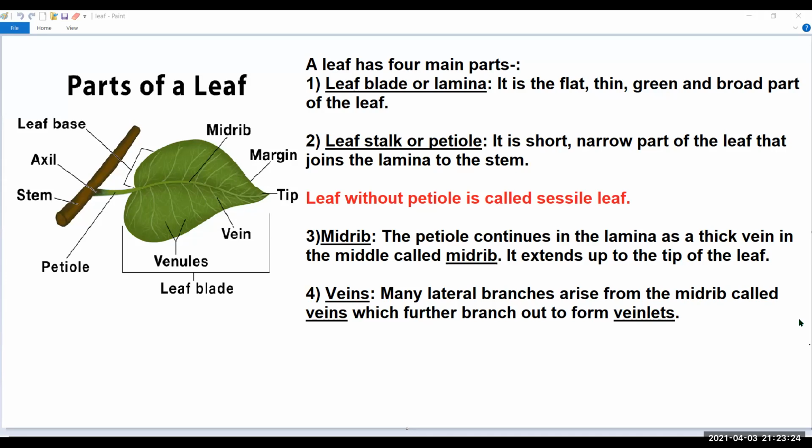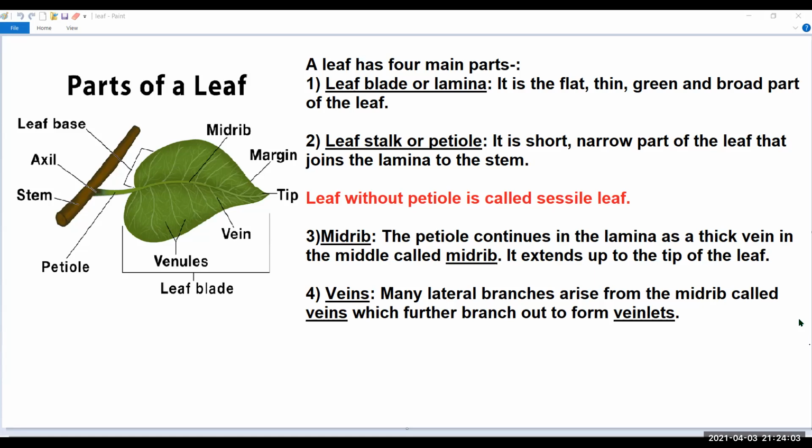Second main part is leaf stalk, or we say petiole.